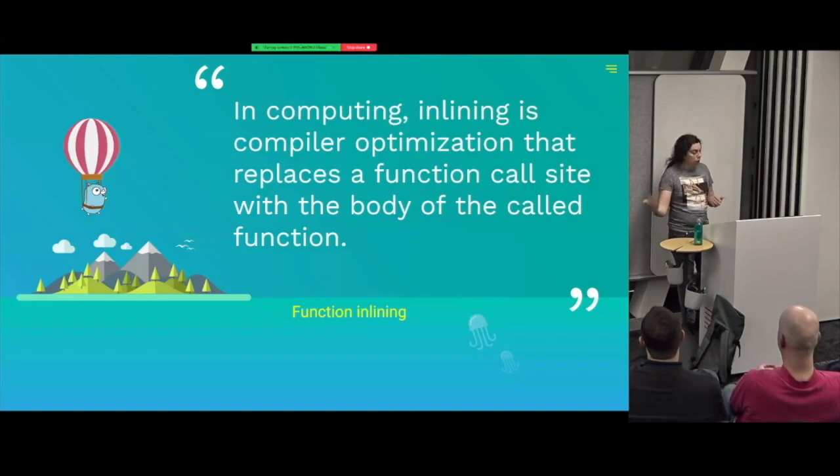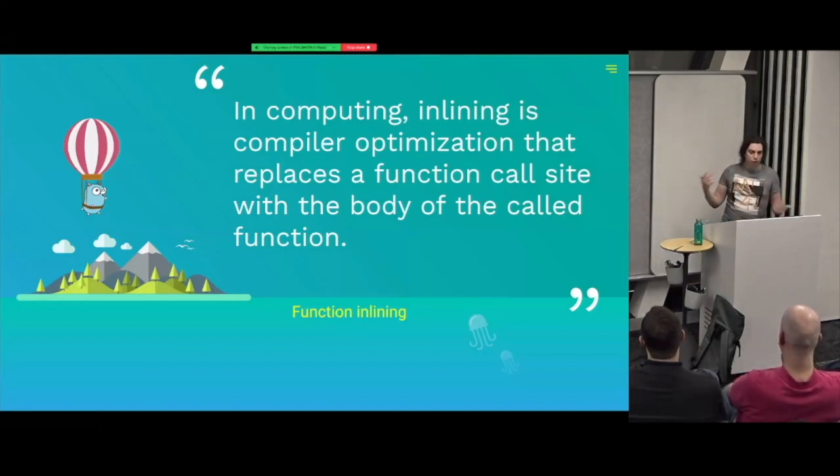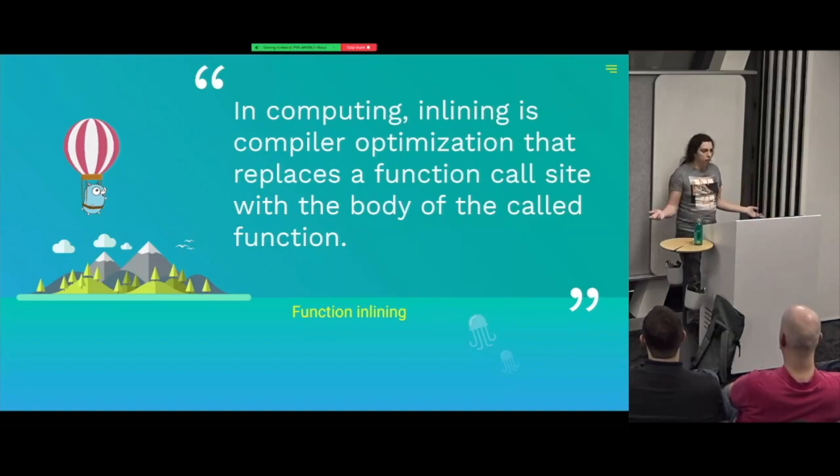So the compiler has some heuristics about which functions make sense to inline and which do not. But long story short, for most of the short functions you write, some getters and so on, those are not actually called in the code. They are just inlined, and the code of your getter is actually in the code from where it is called.